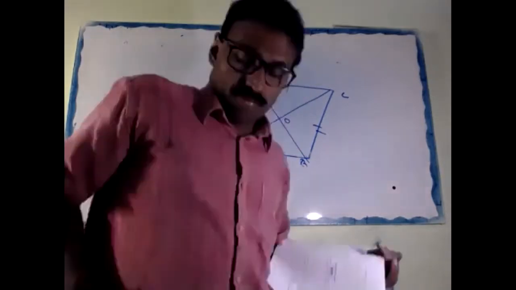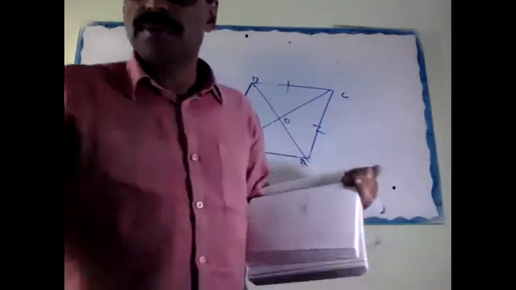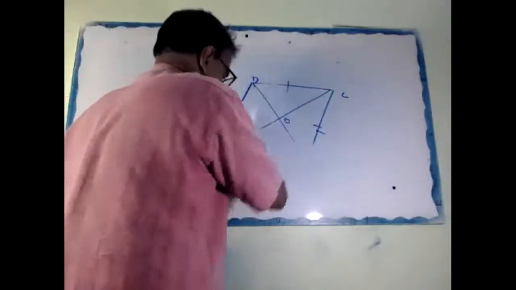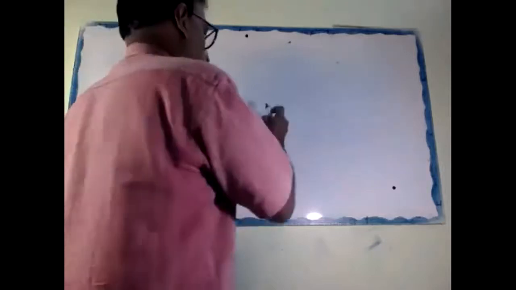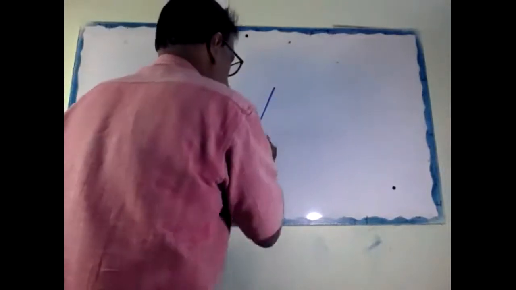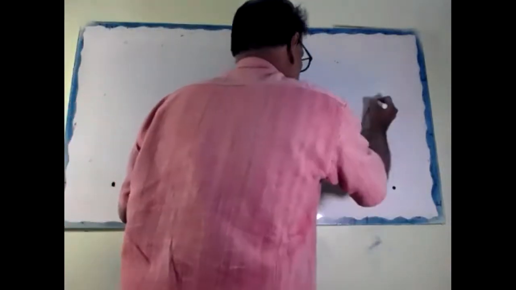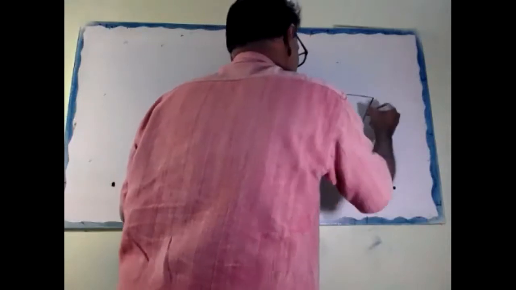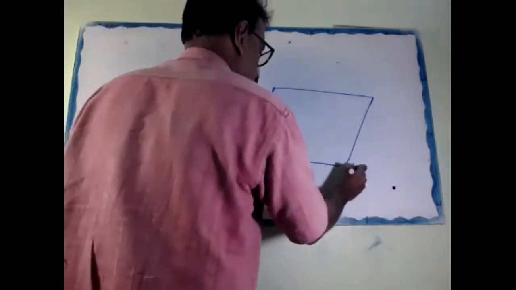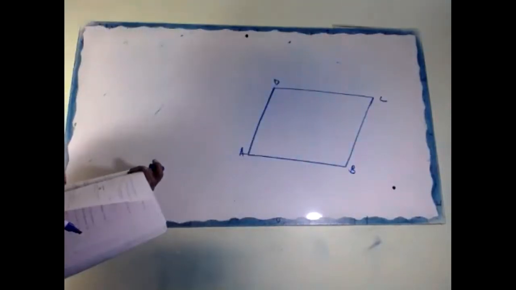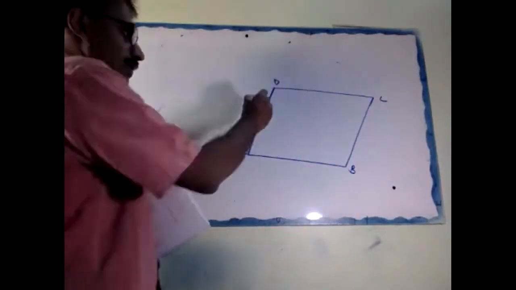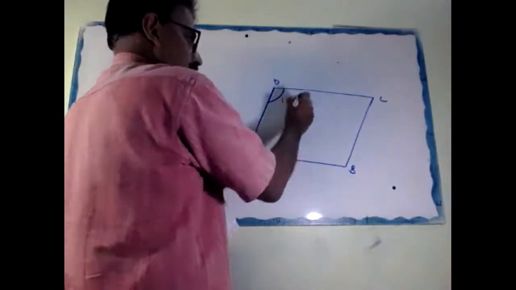Look. Hello, look at here. ABCD is a parallelogram. Listen. Then angle D is 115.